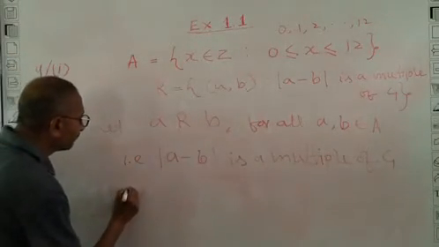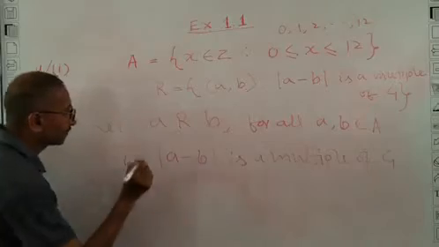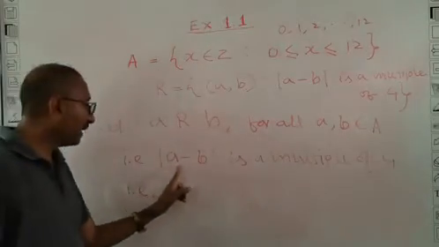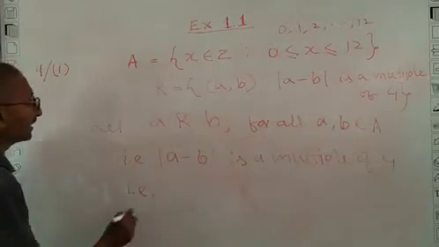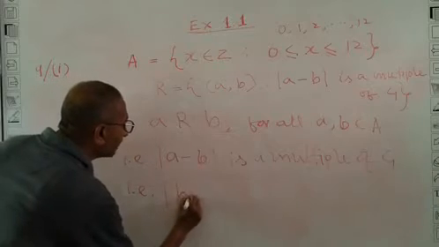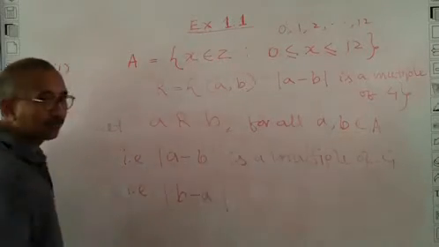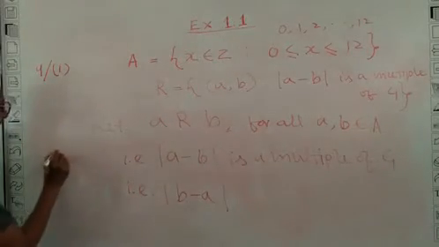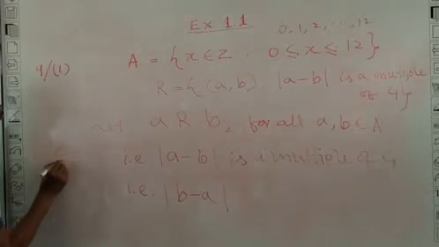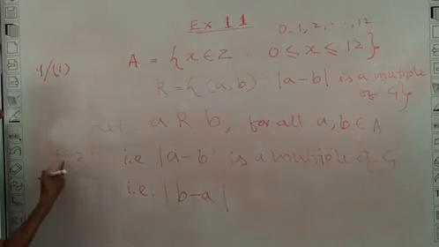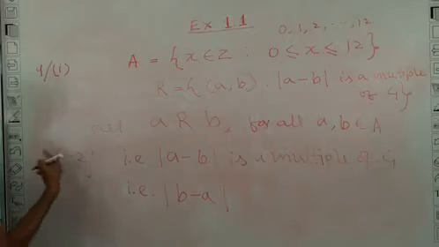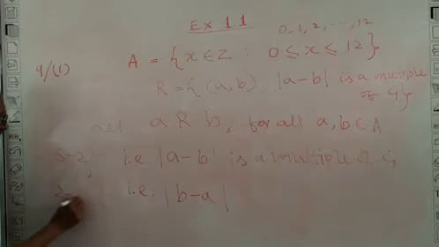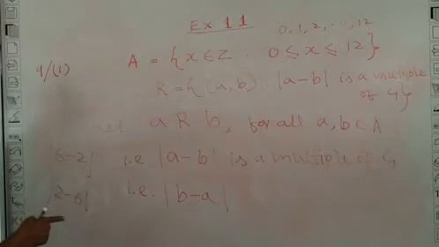Now, if A minus B is a multiple of 4, can you tell me whether B minus A is a multiple of 4 or not? That means, if 6 minus 2 is a multiple of 4, means divisible by 4, then 2 minus 6 will also definitely be divisible by 4.